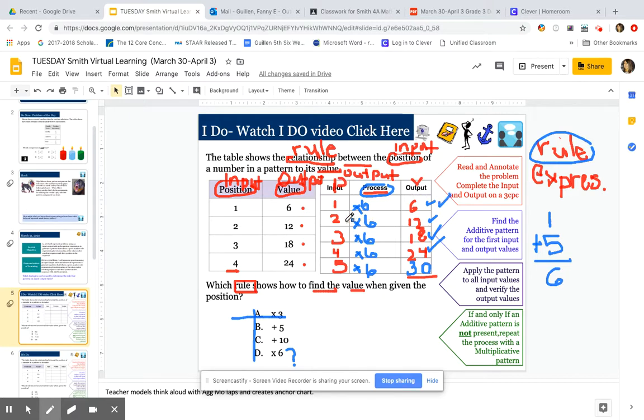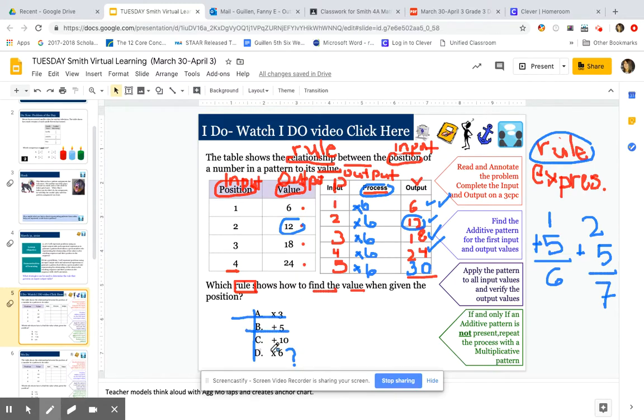What about 2 plus 5? The rule is plus 5. 2 plus 5 is 7. So I know that can't be my answer because my output or my value is 12, right? So I know that 2 plus 5 does not equal 12. It equals 7.